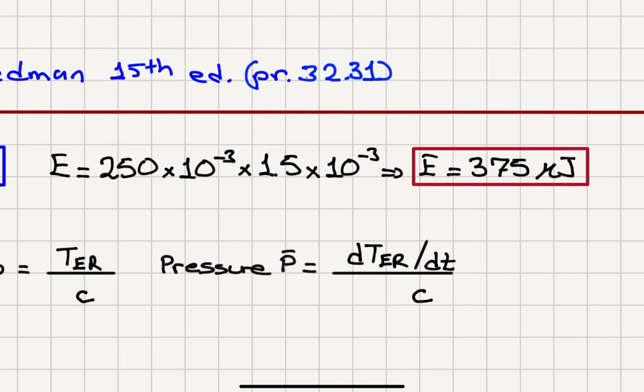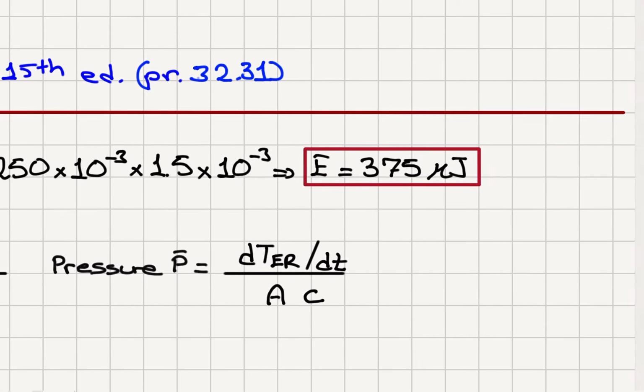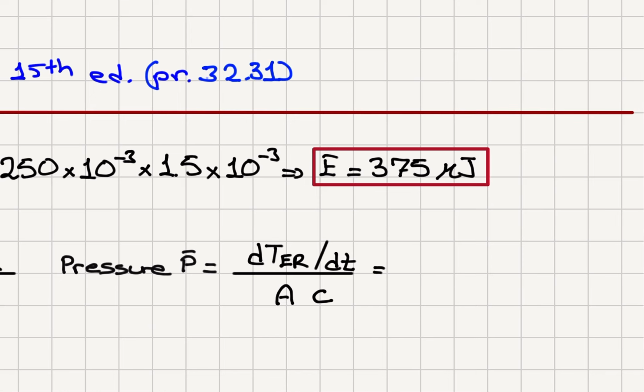That gives me dp/dt, the time rate of change of momentum, per perpendicular cross-sectional area, which gives me the pressure. Now we're talking about average quantities here, so this is basically energy delivered per unit time.